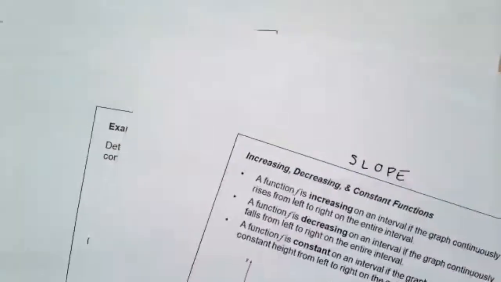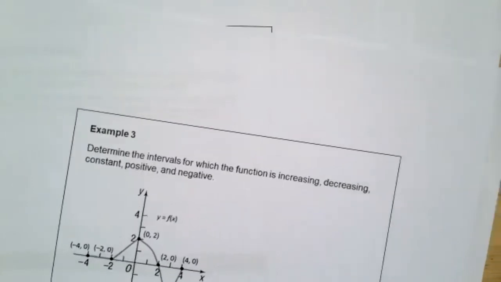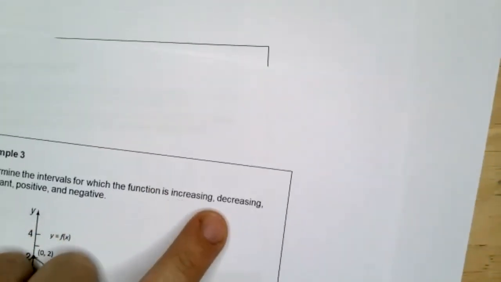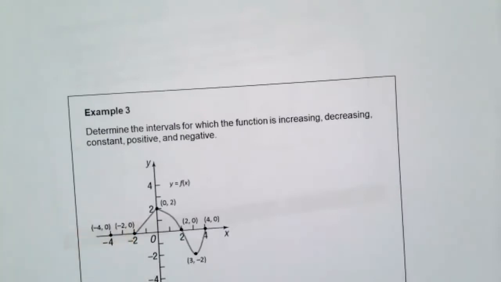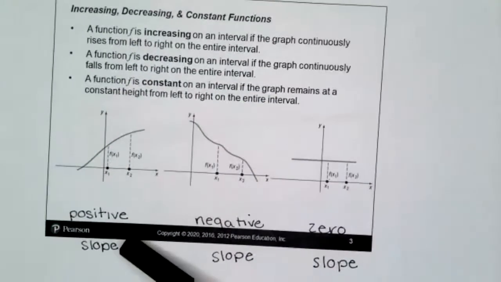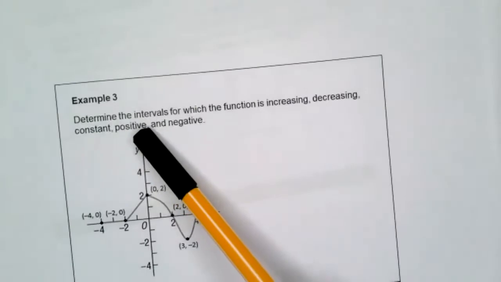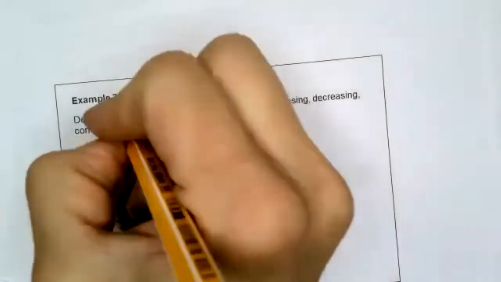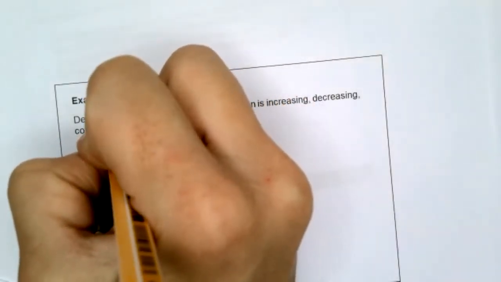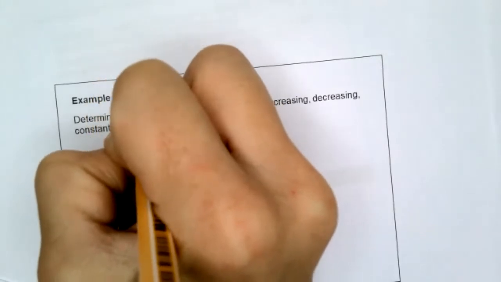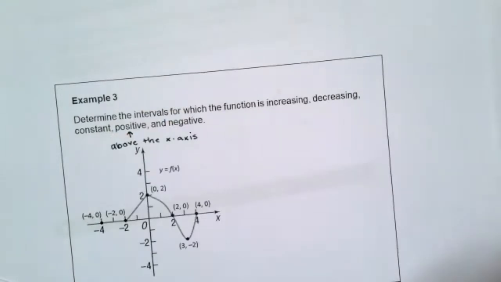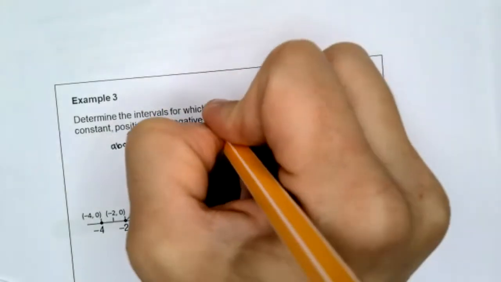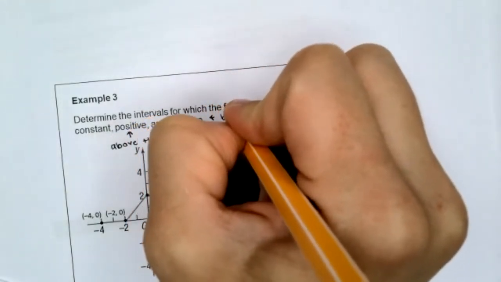All right. Increasing, decreasing, constant, positive, and negative. So we don't say it's a positive slope because when they say positive, they mean above the x-axis. When they say negative, they mean below the x-axis.